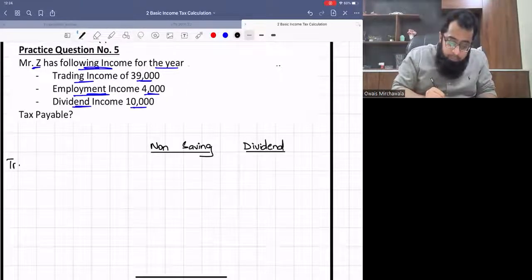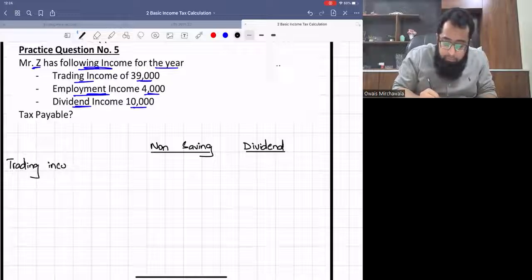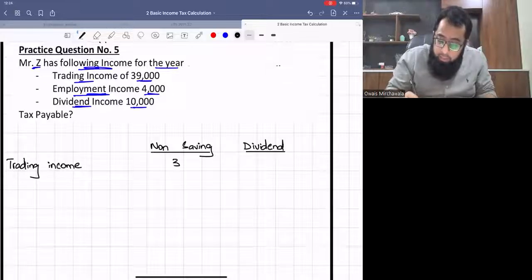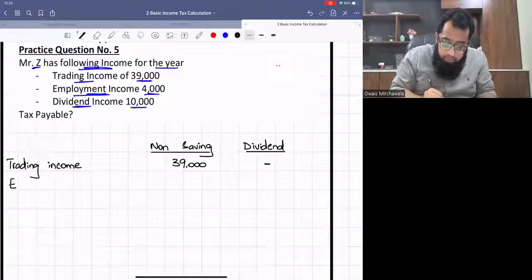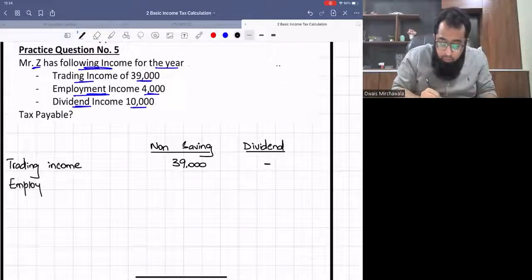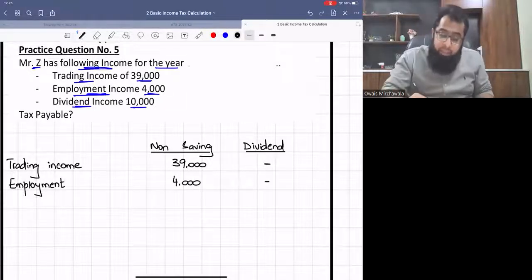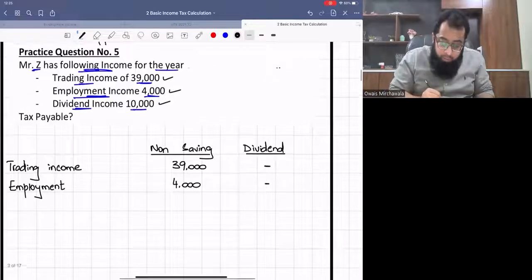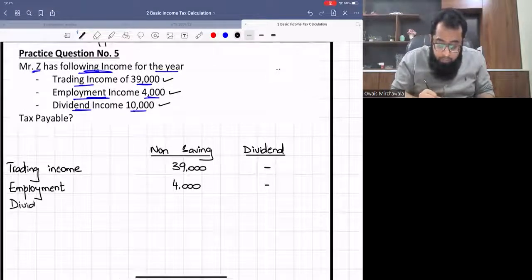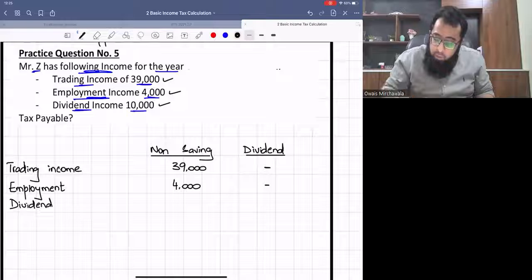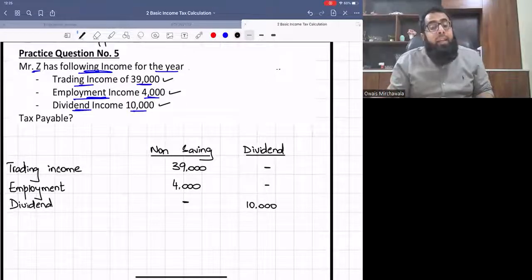Trading income goes in the head of non-saving, 39,000. Employment income goes in the head of non-saving, 4,000. And dividend income goes in the head of dividend, 10,000. First of all, we need to classify the income in the right heads.